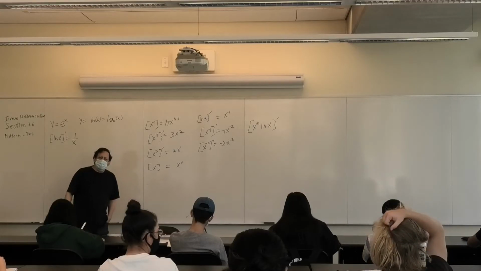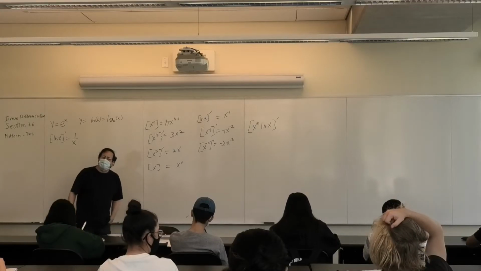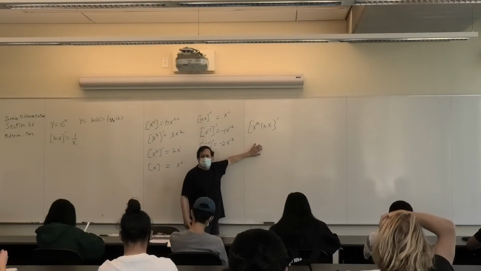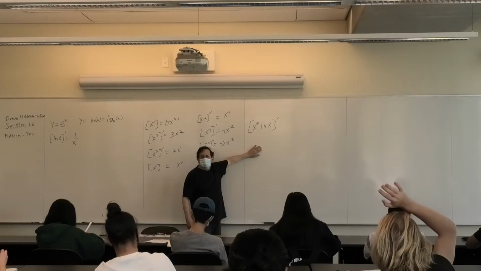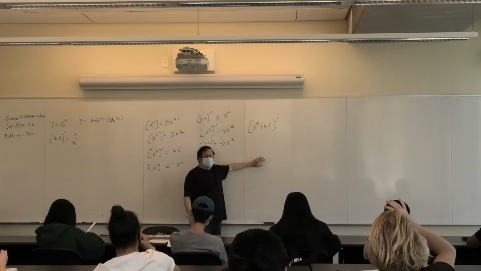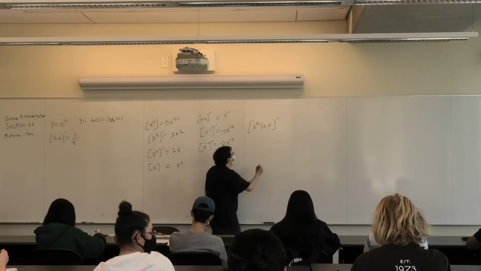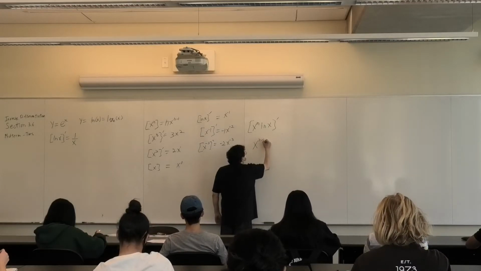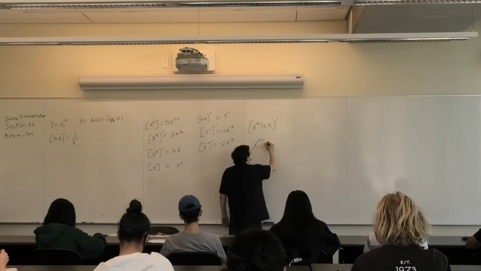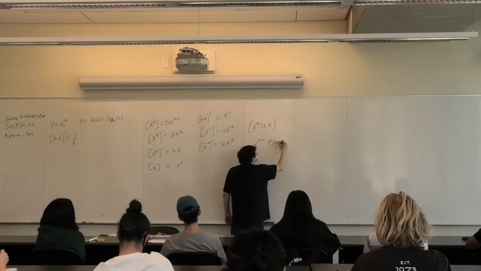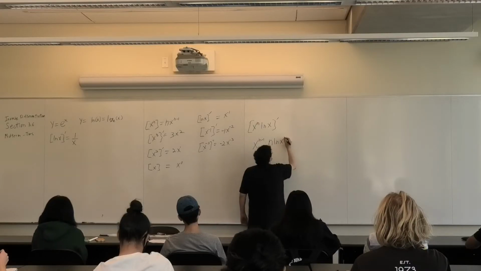These are coming a little easier now than when we started. Does someone have a solution for me? That would be x to the n minus 1 times n times the natural log of x plus 1, in parentheses.